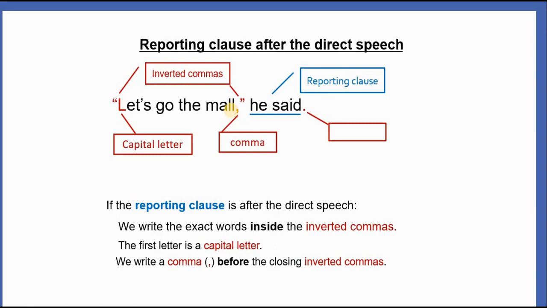Although it is the end of the speech, we write a comma, and we write a full stop at the end of the reporting clause here. So full stop is here. Alright, so it's slightly different when the reporting clause is after the direct speech.